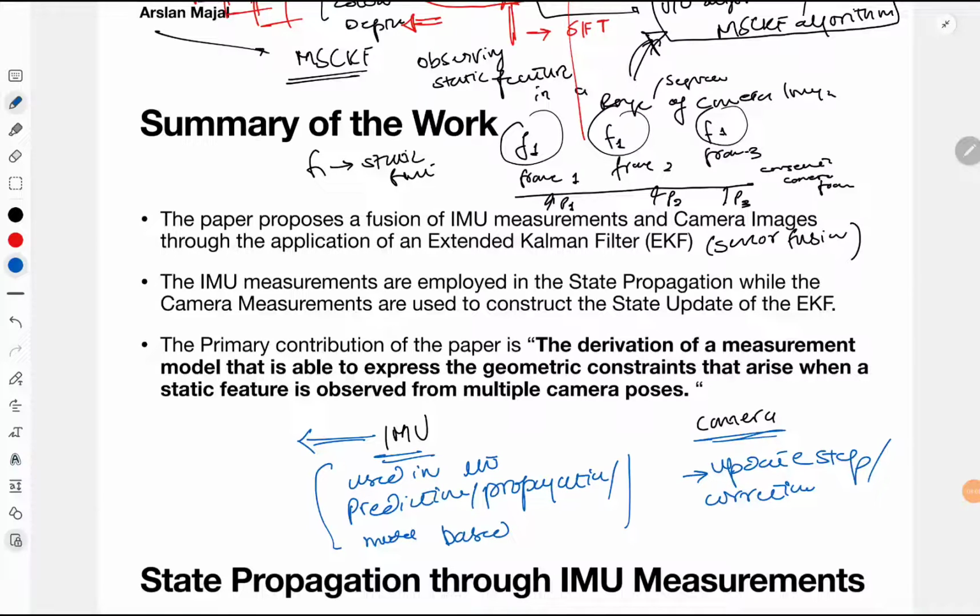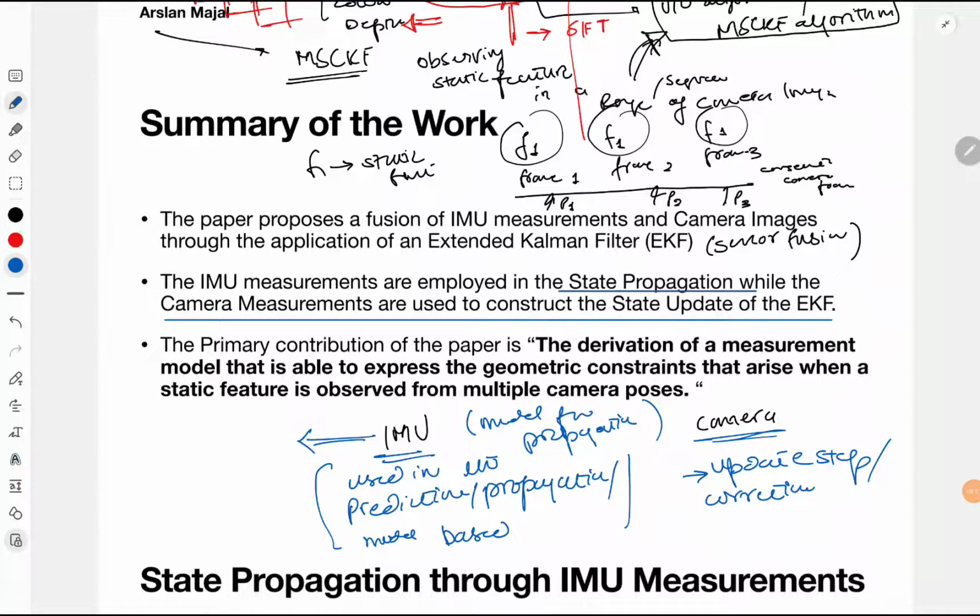You'll see how that fits in, but generally you're using the IMU data in the prediction step, where you use the models for propagation of your system or your state, and the camera goes into the correction step, where you're actually trying to adjust what these predictions were. You're trying to improve these predictions. Like it says here, the IMU is used in the state propagation, while the camera measurements are used to construct the state update for the EKF. We'll see how that is done.